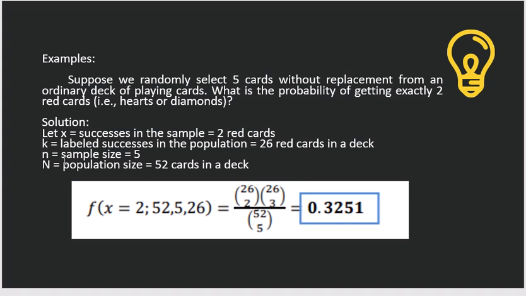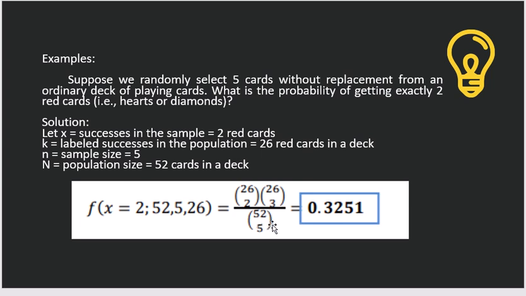So, we have n, the sample size, which is 5, because 5 random cards are asked for in the sample. And we have the population size 52, 52 cards because that is our basis. If you follow the formula, we have 26, this will be your k, this will be your x, and this will be your condition.